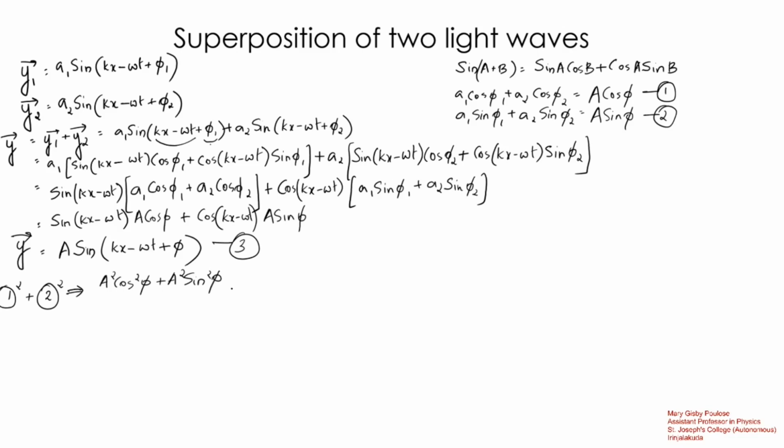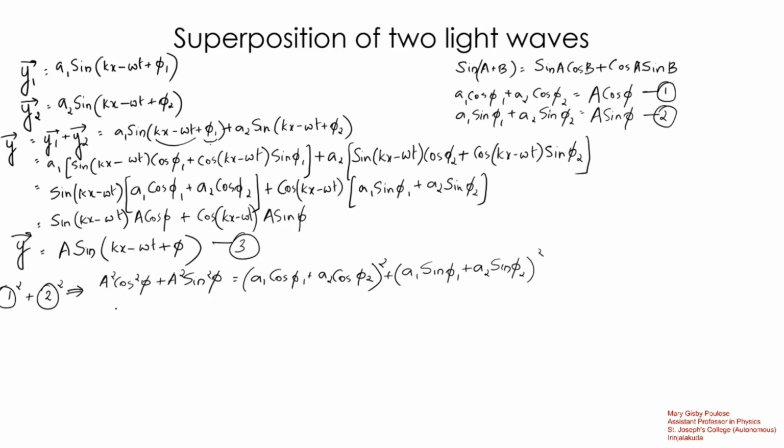That is, we are taking the sum of squares on the right hand side and written it together, okay? And on the left hand side, what we get is A1 cos phi 1 plus A2 cos phi 2 the whole square plus A1 sin phi 1 plus A2 sin phi 2 the whole square.